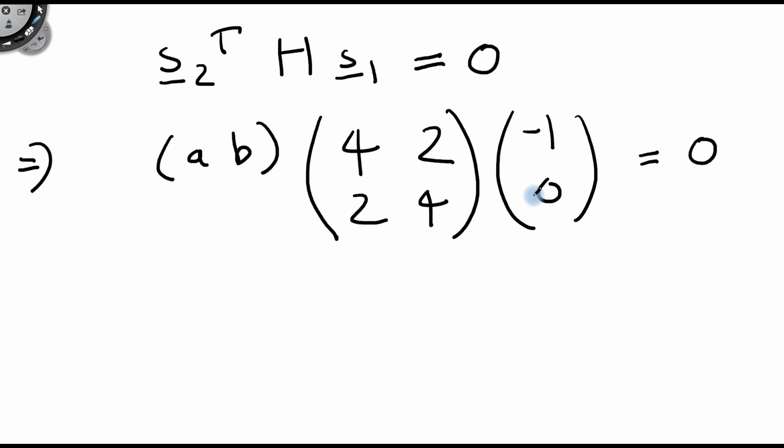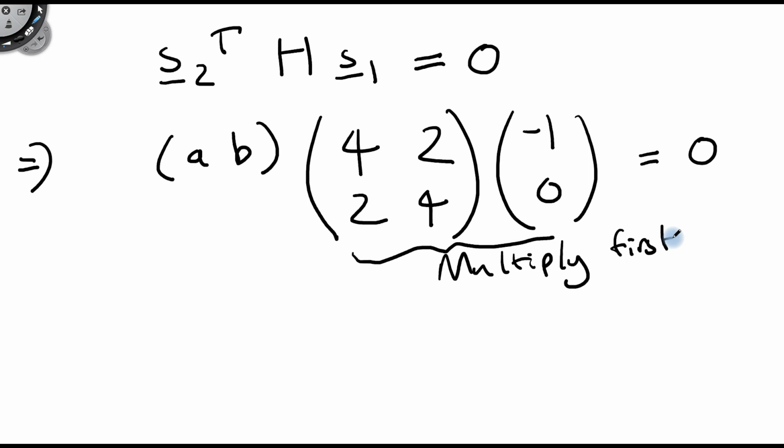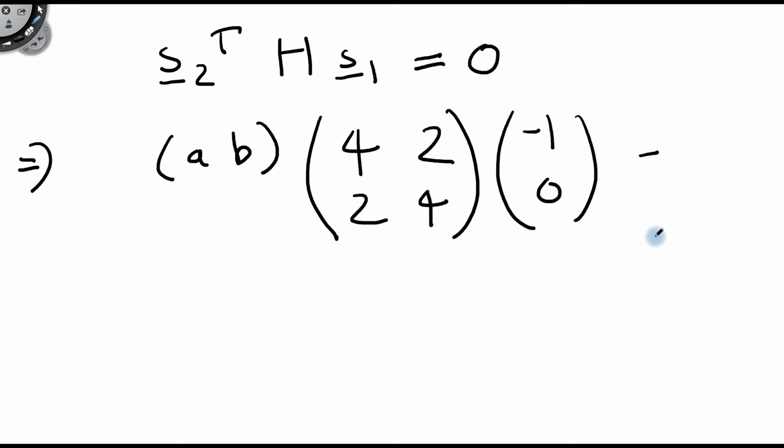So what you want to do is multiply this bit first, and then deal with multiplying it by A B. If we forget about that for a minute and multiply through, we've just got a simple matrix multiplication.